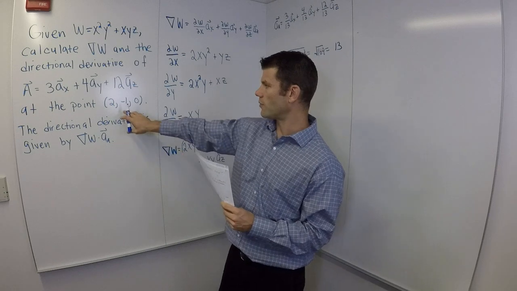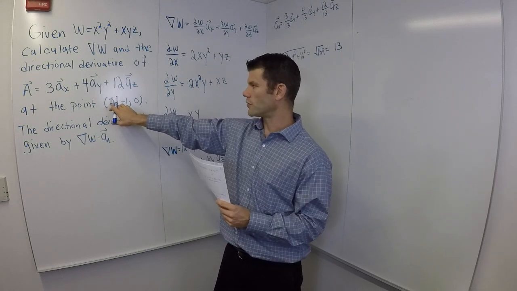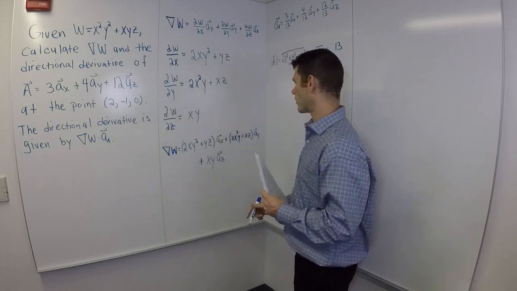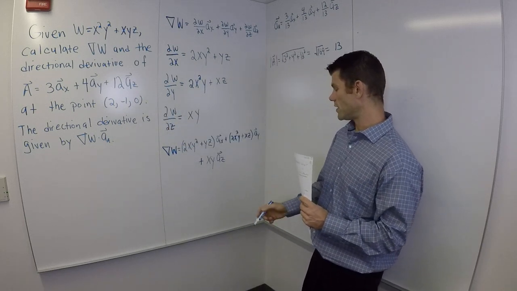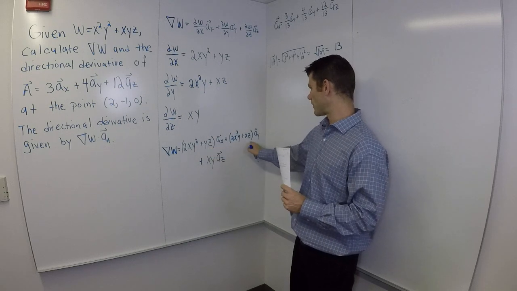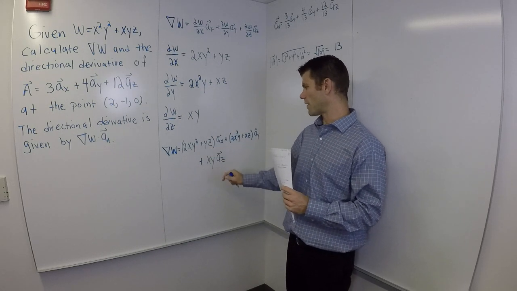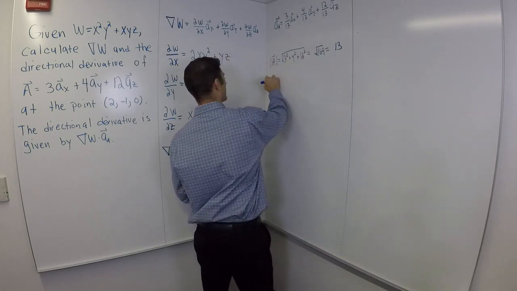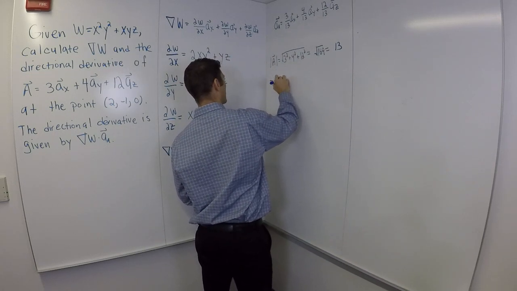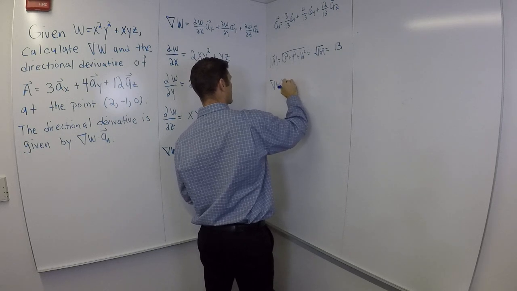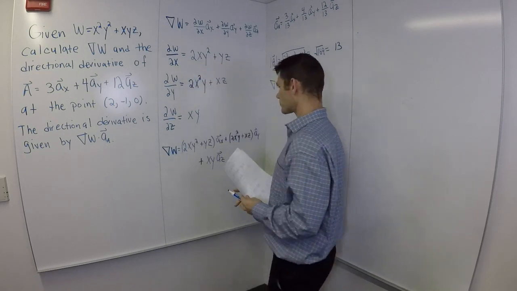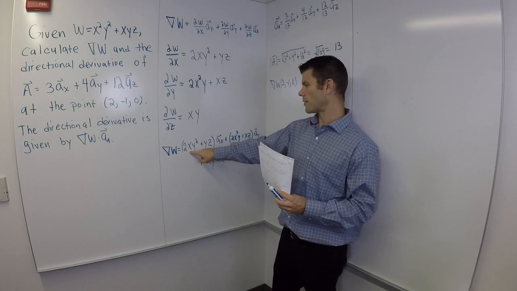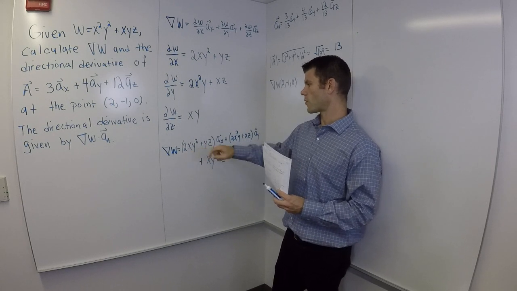So now we have the unit vector for a, and we have the gradient of w. However, we want to evaluate the gradient of w for 2 for x and -1 for y and 0 for z. So if you see where we have z equal to 0, this term would fall off, this term would fall off. It wouldn't affect this, but then 2 and -1, putting those in, we can evaluate. We have 2 times 2, which is 4, and then -1 squared.